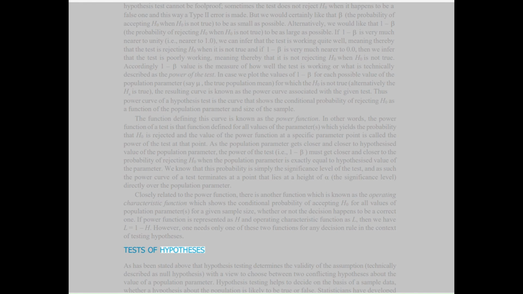Tests of hypotheses. As has been stated above, hypothesis testing determines the validity of the assumption, technically described as the null hypothesis, with a view to choose between two conflicting hypotheses about the value of a population parameter. Hypothesis testing helps to decide on the basis of sample data whether a hypothesis about the population is likely to be true or false.